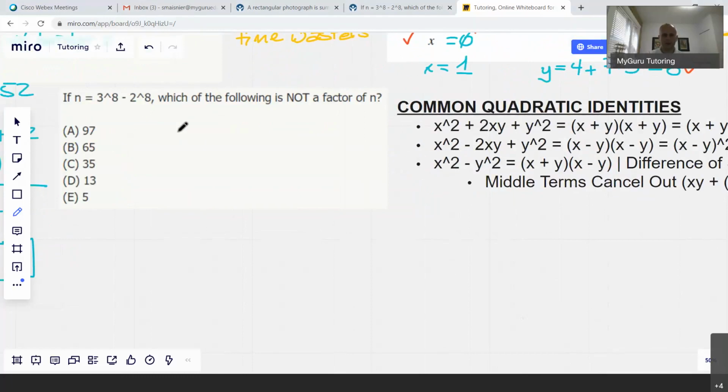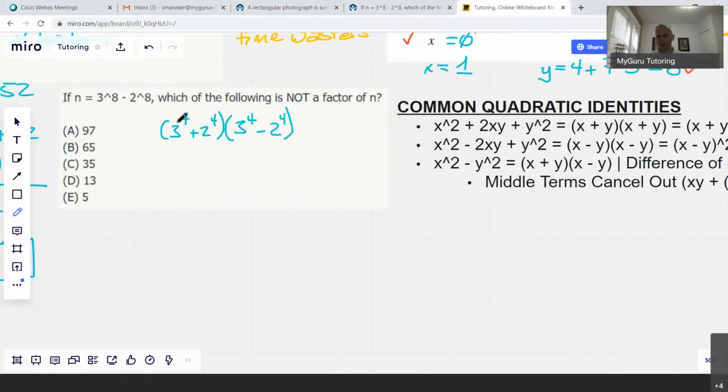So we know that we could write this as 3 to the 4th plus 2 to the 4th times 3 to the 4th minus 2 to the 4th.